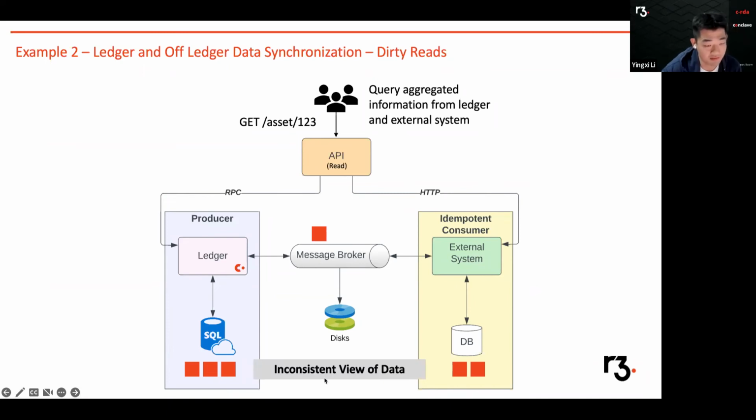Then you will have an inconsistent view of data because of latency or whatever reason, sometimes security, or just the time it takes to process data. So on the external system you are seeing 2 pieces of transaction data, and on the Corda ledger, directly from the API using an RPC call, you are seeing 3 pieces. This is an inconsistent view of data.